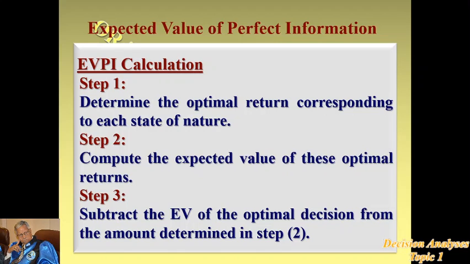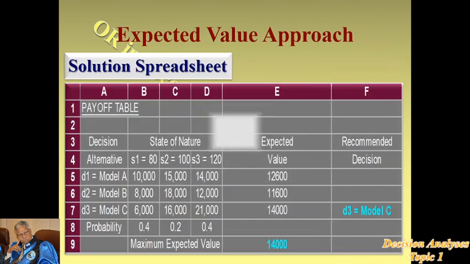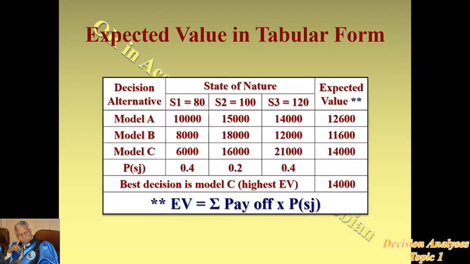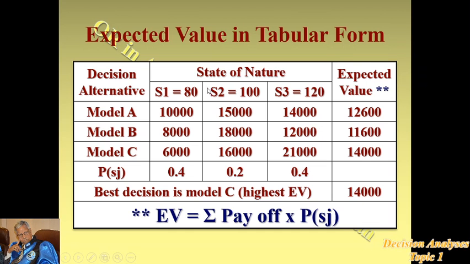In our previous calculation, we selected model C with expected value $14,000. Don't forget it. This is the value of model C. This is the expected value which we got with these probabilities.